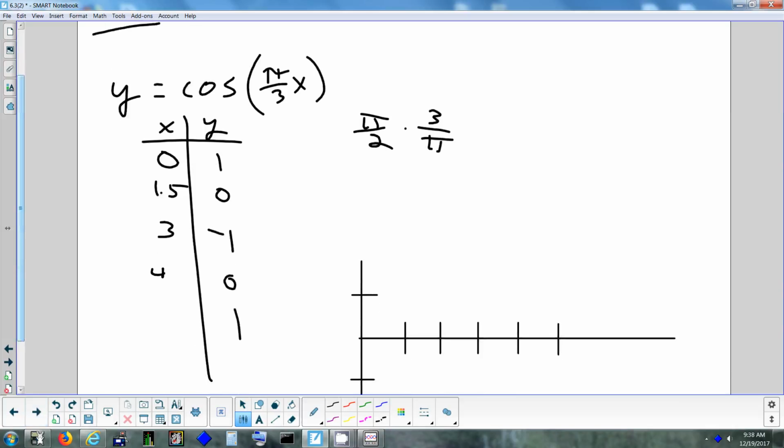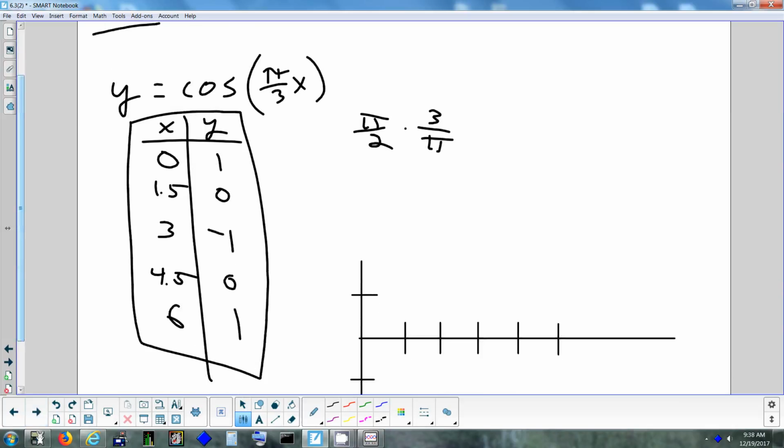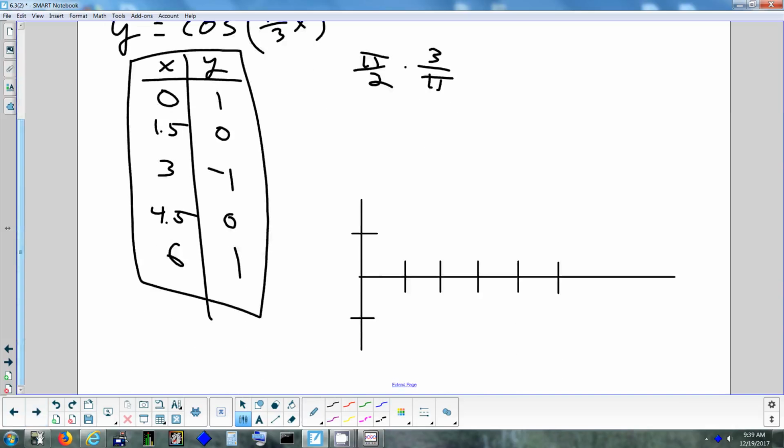Yeah, 3, 4.5, 6. If you don't want to do it that way, then just take all the old values and multiply them by 3 over pi, but that's what's going to happen. And as I just said, that's the nicest table we've had all week. Okay, there's no pi in it, so you could actually just label everything with 1s if you wanted this time. So I'm going to put the labels in just to put them in, but again, you don't need to because we're going by 1s.